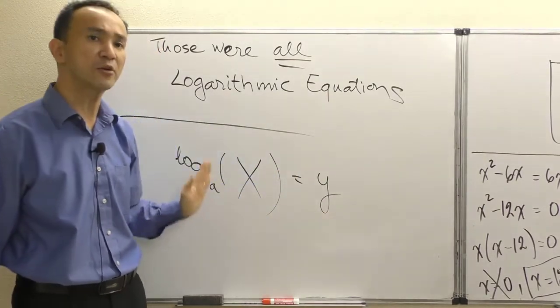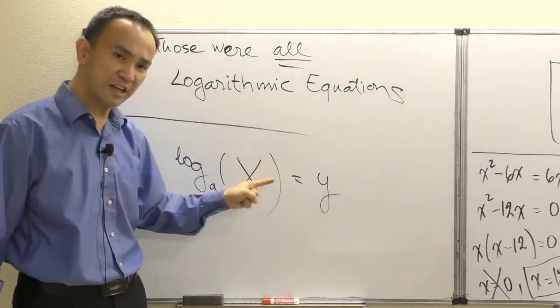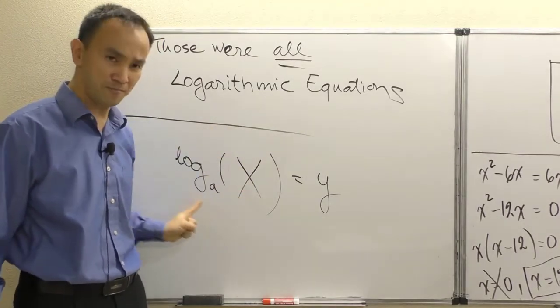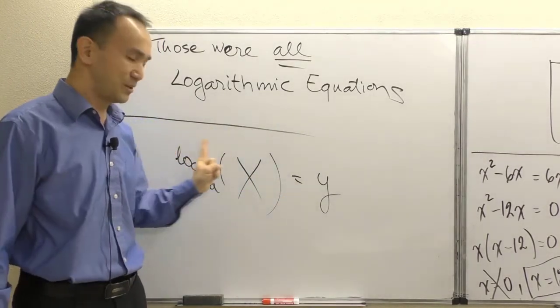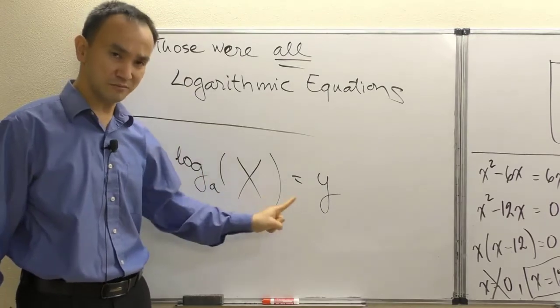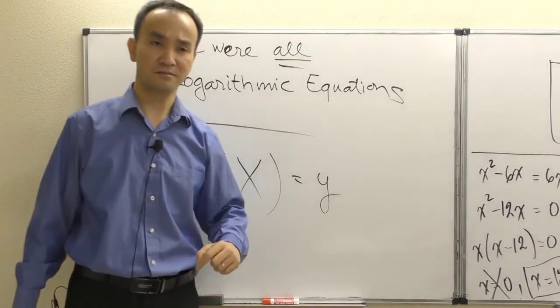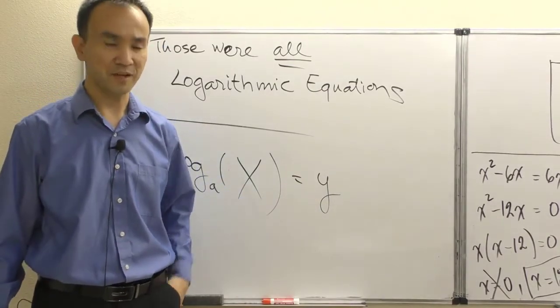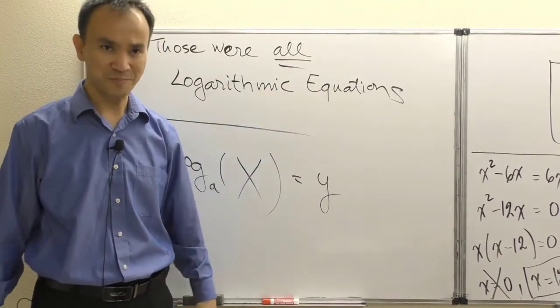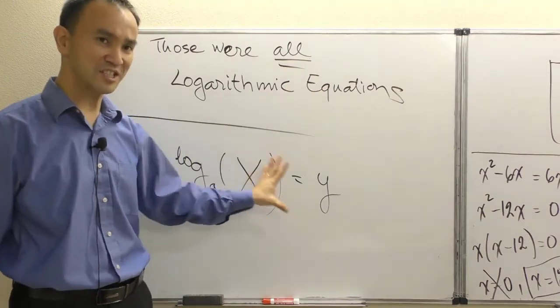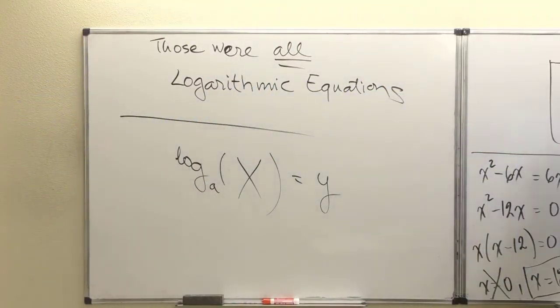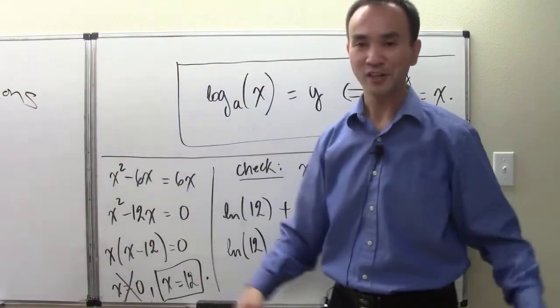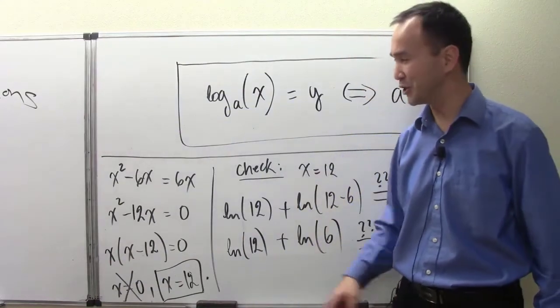Anytime that you can bring your equation, only if you can bring your equation into this form, one log term equals a constant, precisely a constant, then we can call that a logarithmic equation. That is consistent with the fact I've been using as the main driving force throughout the entire example 2.